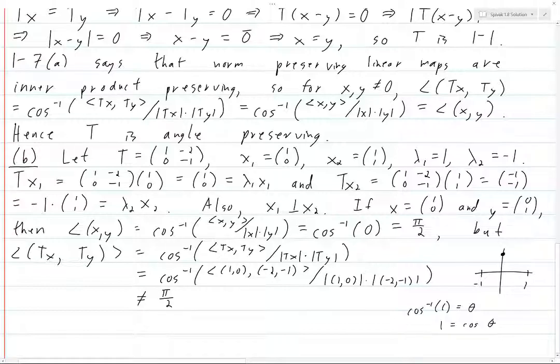So we could choose... cosine is here, over here. If this is 1, this has to be 1 and this has to be 0. And so this is when the angle is 0.